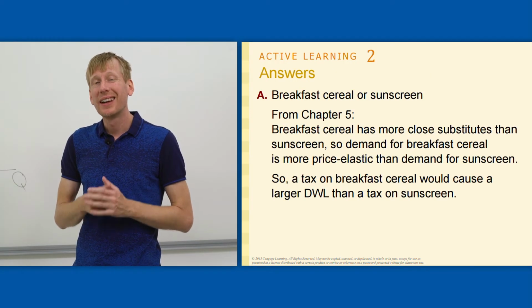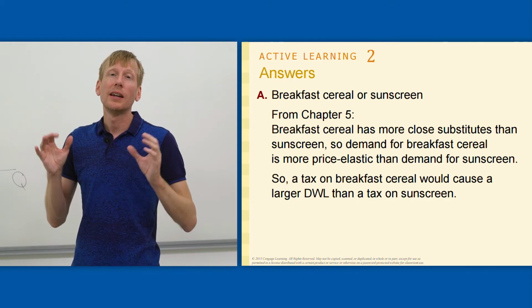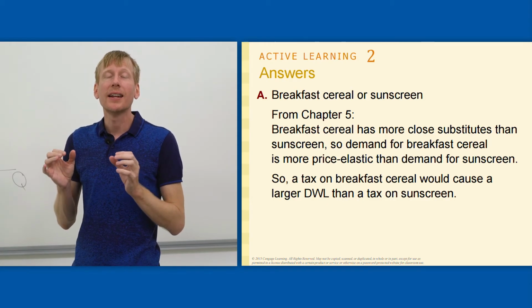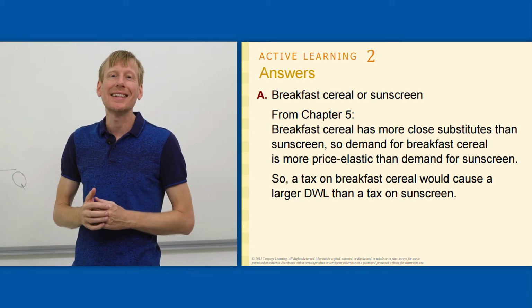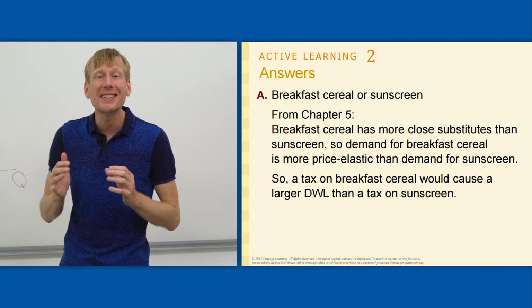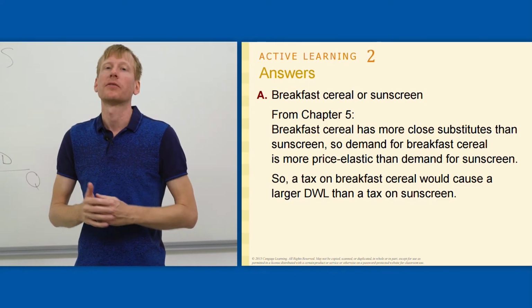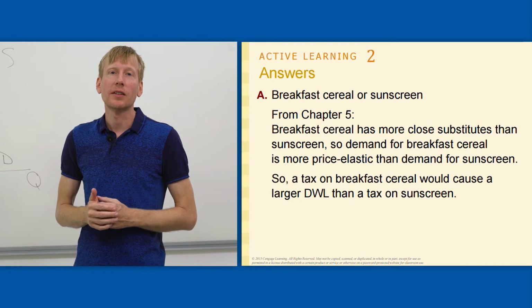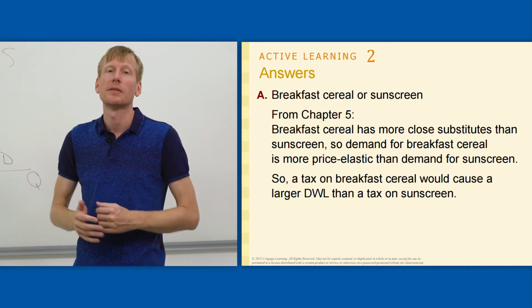As we just mentioned, the deadweight loss from a tax would be larger if we taxed the good that has many substitutes, therefore a high price elasticity of demand. In this case, that's breakfast cereal. Breakfast cereal has a high price elasticity of demand because it has many substitutes.